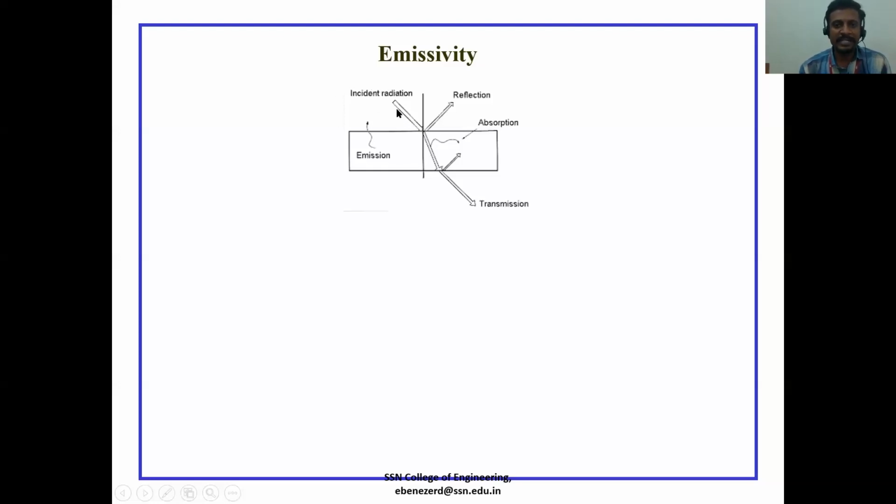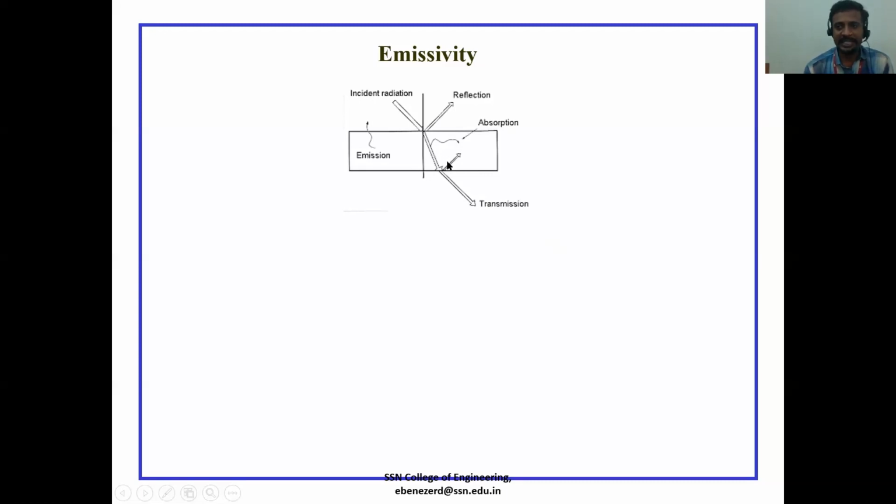Of that total radiation, depending upon the material nature and type, a part of it will get reflected, and part of it will go through the material, will be transmitted, if the material is thin and transparent. If the thickness is too high, then probably this transmission may not happen. And whatever is remaining, whatever is not reflected and transmitted, gets absorbed in the system.